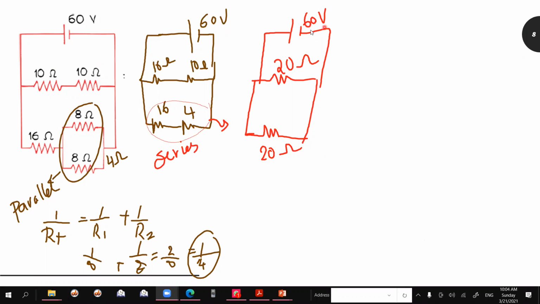Now let's come back here. When the current comes out from the 60 volts and reaches this point, as you see, we have two paths. This current could come here or here. Because of that, we say that this 20 and this 20 are connected in parallel.